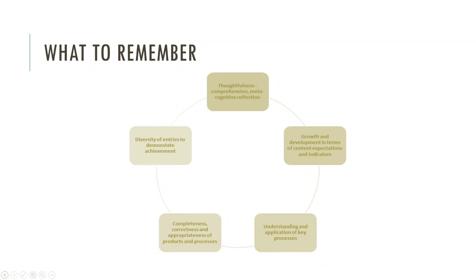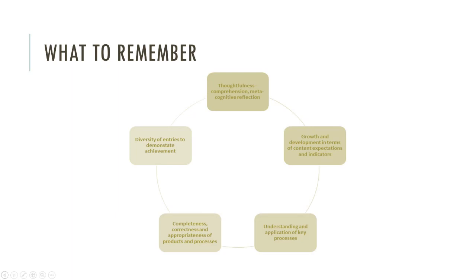We are looking for thoughtfulness, we are looking for these metacognitive processes, and that you have demonstrated them. We are looking for growth and development in terms of content expectations, here thinking about our learning outcomes specifically, as well as any of these other indicators that your lecturer may have included when they have described what it is that they expect from your portfolio.